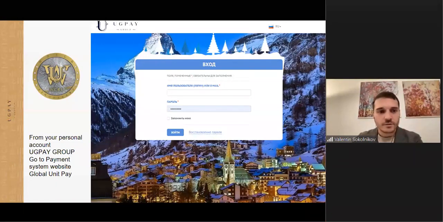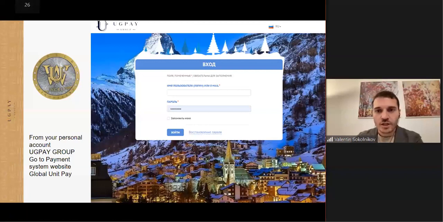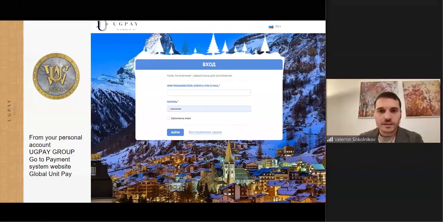Also, you can use the direct link to the Global Unit Pay website, gtinet.ch. This is a payment system located in Switzerland, and this is a Swiss domain.